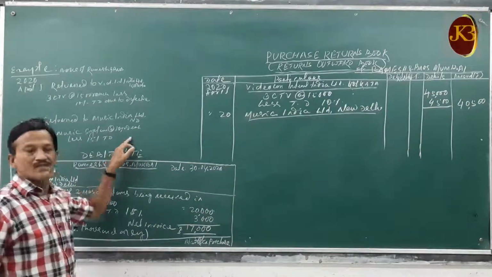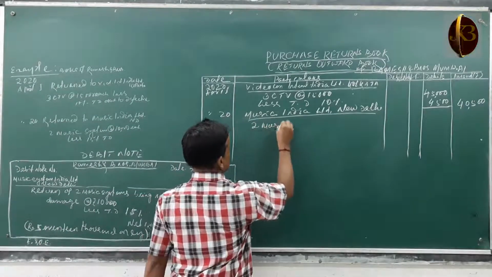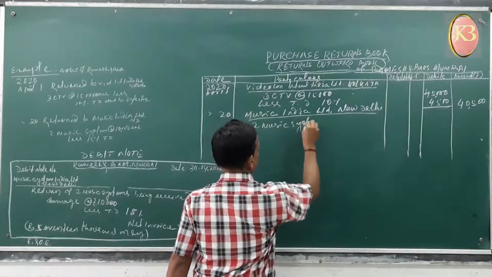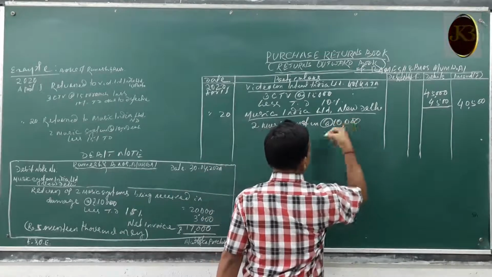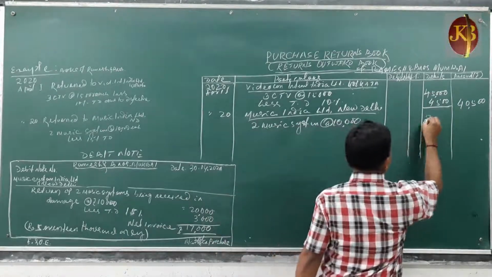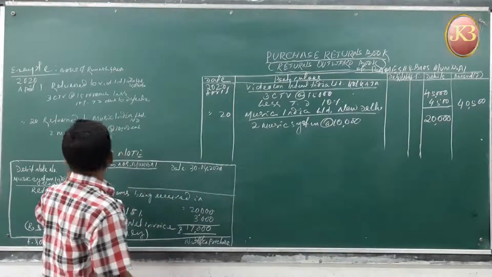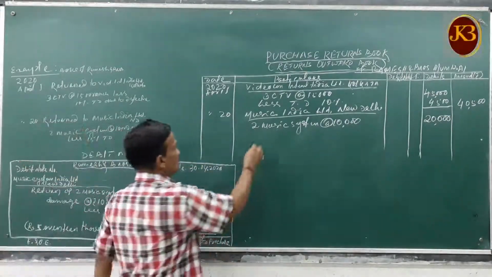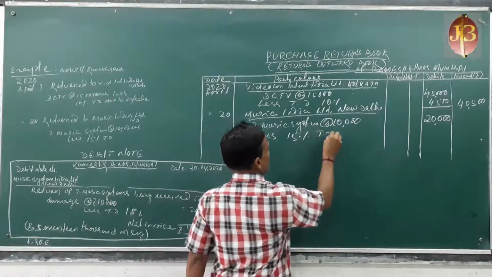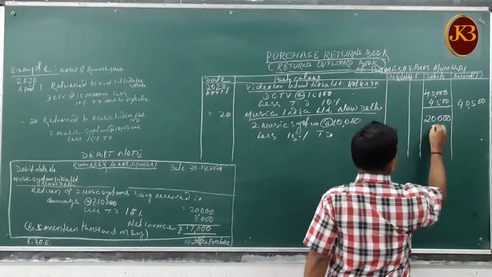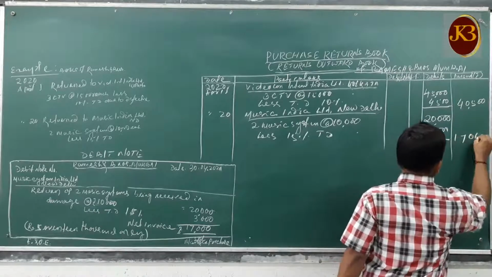Then 2 music systems at the rate of 10,000 each. So the total amount is 20,000. Okay. Then less 15% trade discount, that is 3,000, net amount 17,000.